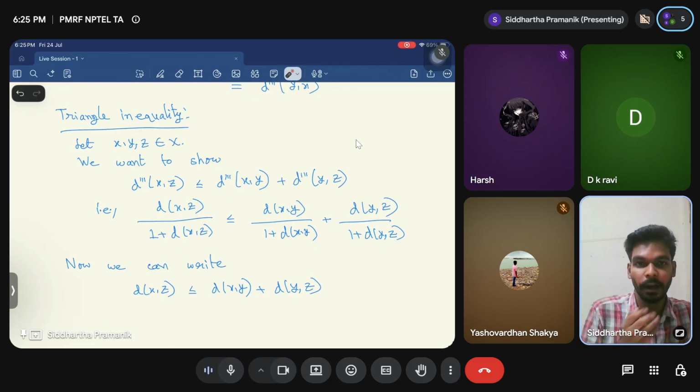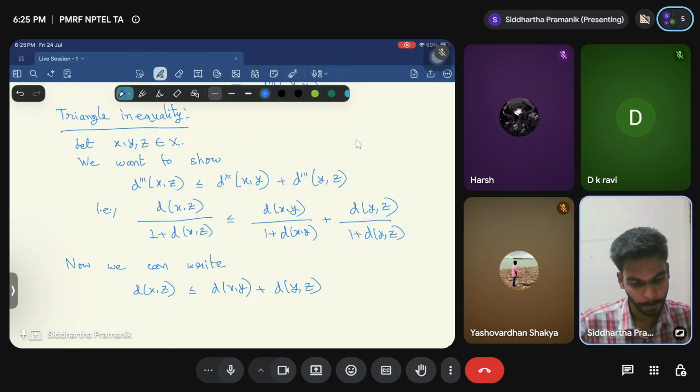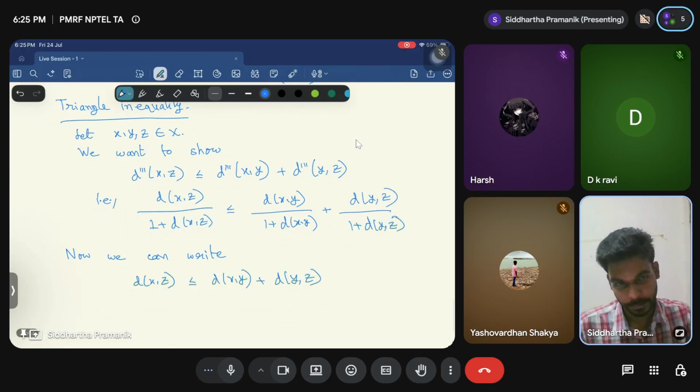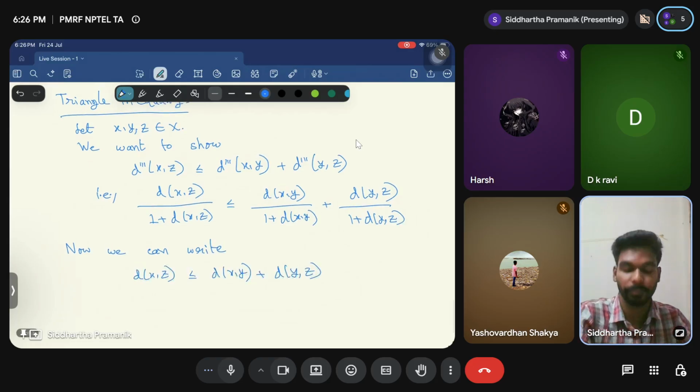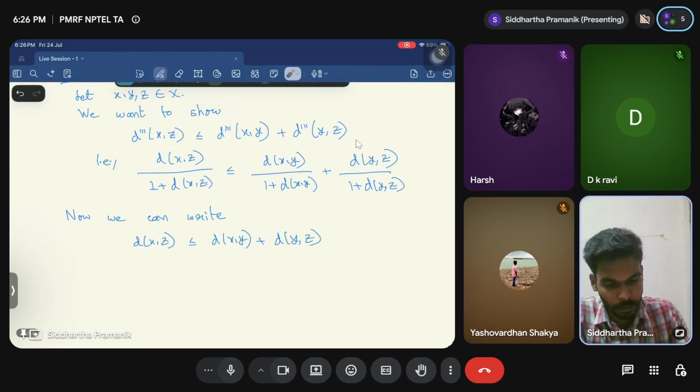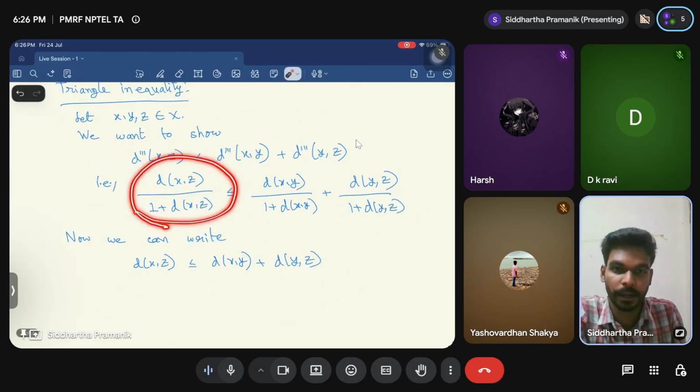So any idea how to do this? Okay, so let's focus on this left hand side.